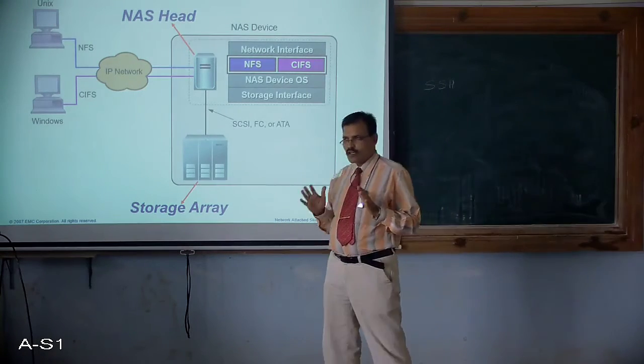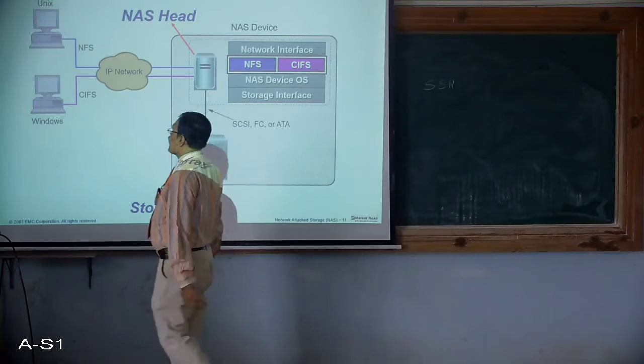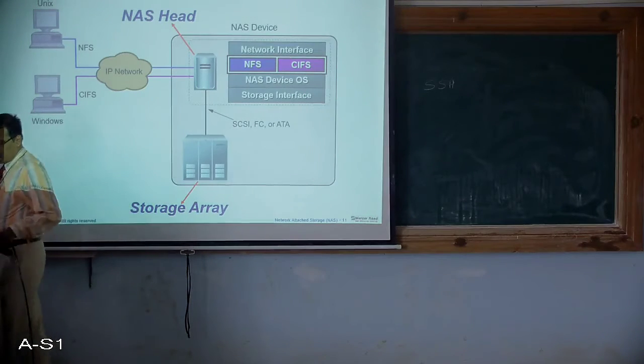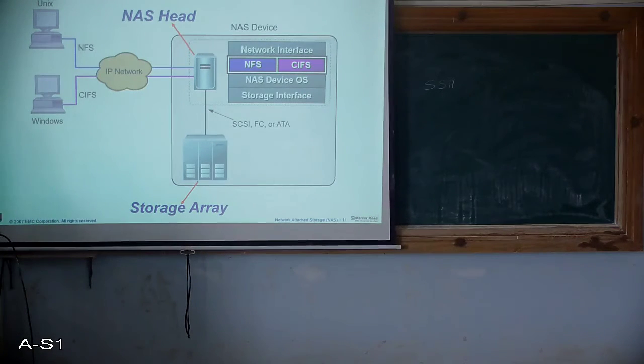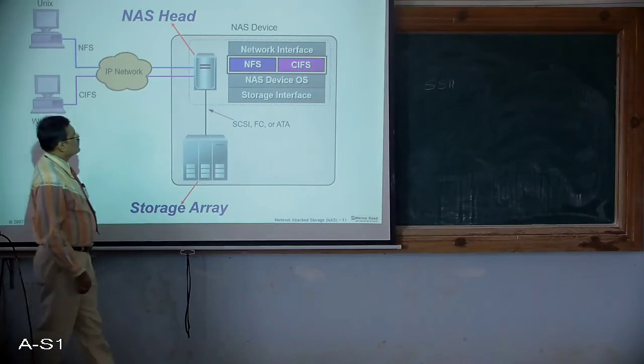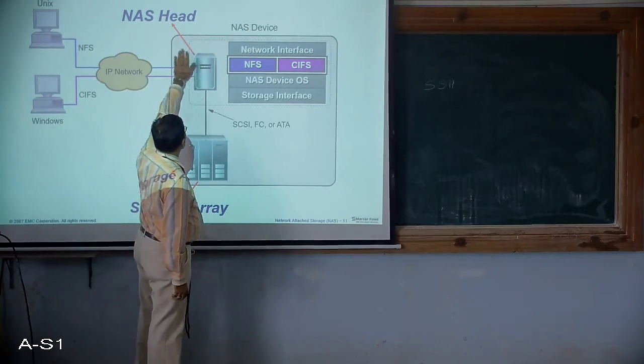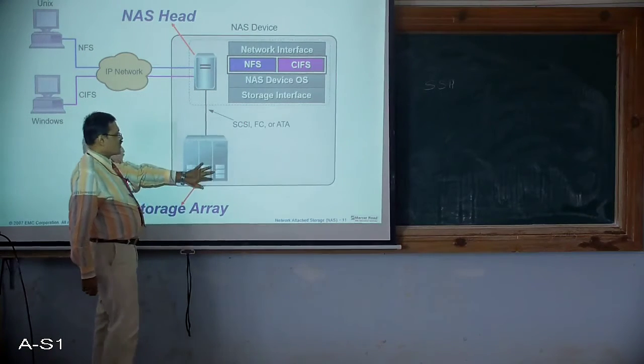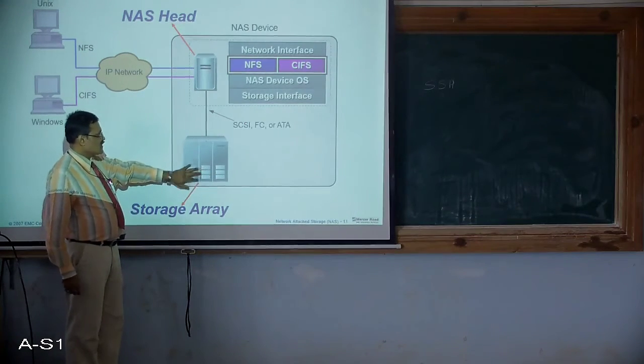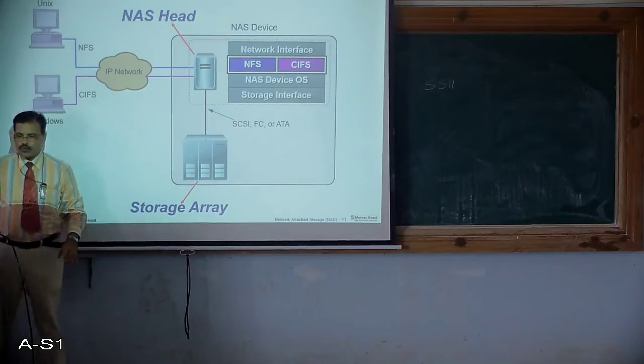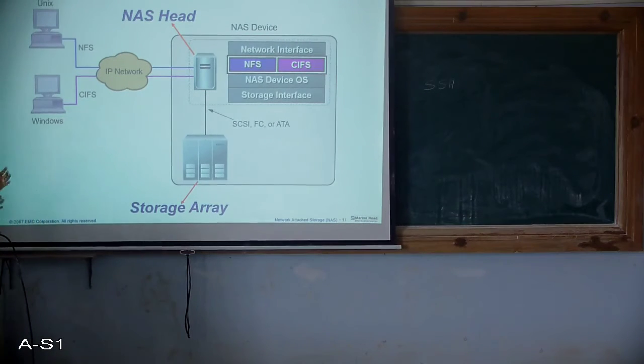So this is our NAS head and this is the storage element, that is the storage array. These are the two key elements that are present in our NAS device.